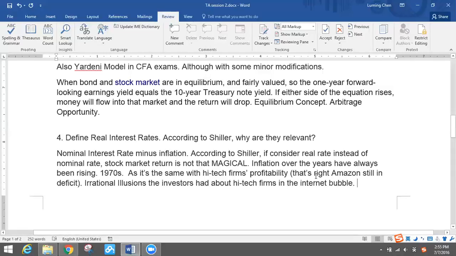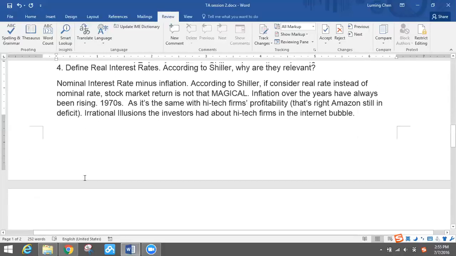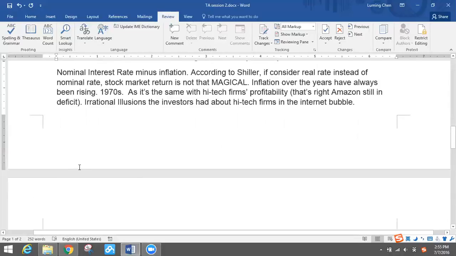We can see that Amazon is still in deficit, although its stock price has been rising over the years and the return for the stockholders is high, but the actual profitability is not that great.